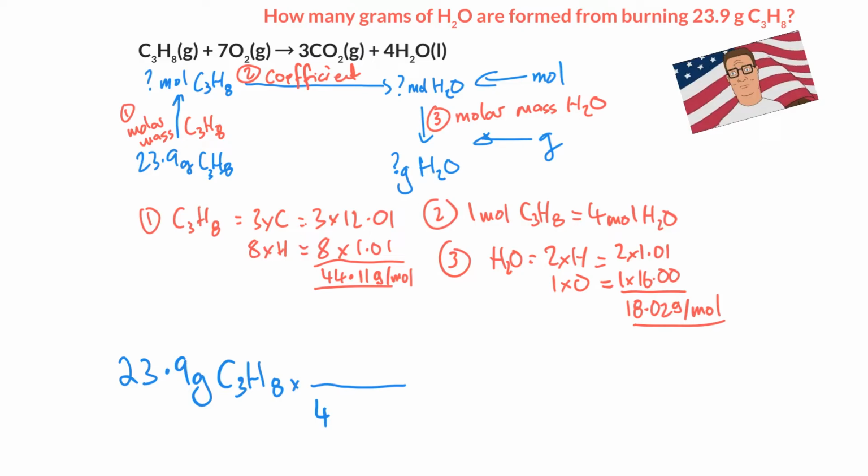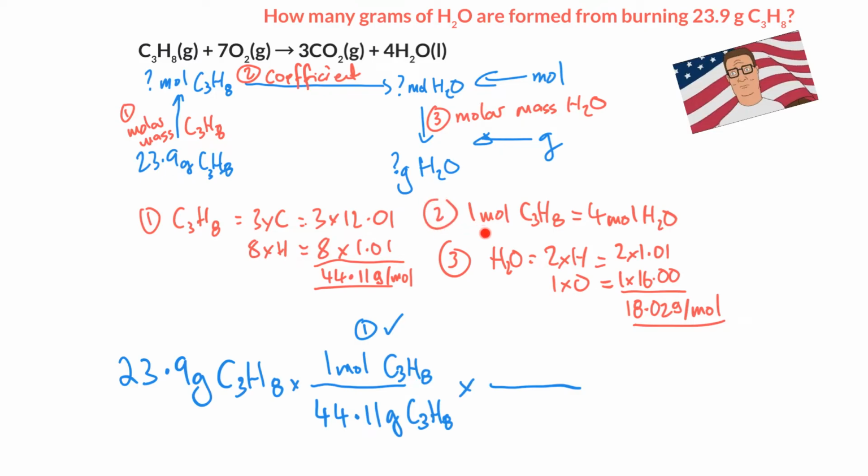We really want to write these units in, otherwise we're going to get into trouble later. So 44.11 grams of C3H8 is 1 mole of C3H8. So that is step 1. Check. These problems, by the way, when I was in high school, I thought my high school chemistry teacher must be an absolute genius for getting stuff like this. And what you find out is the more you do, the easier it gets.